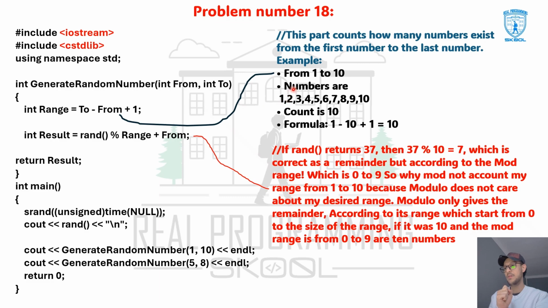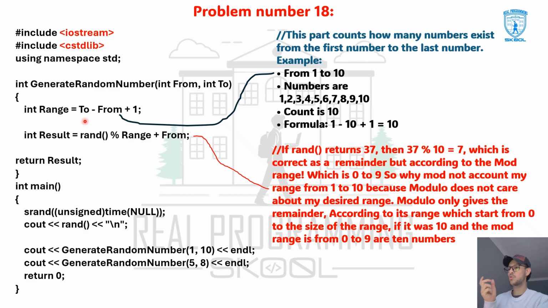For example, we assign 1 to from and 10 to to. How many numbers do we have within my range? 10 numbers, 1, 2, 3, 4, 5 till 10, right? So this line of code will count that I have 10 numbers within my range. For that, we use this formula, 10 minus 1 plus 1 equals 10.